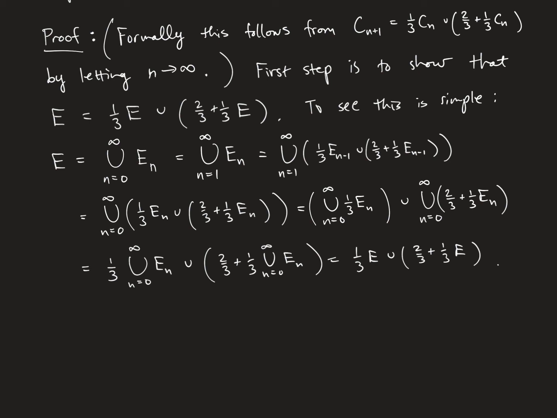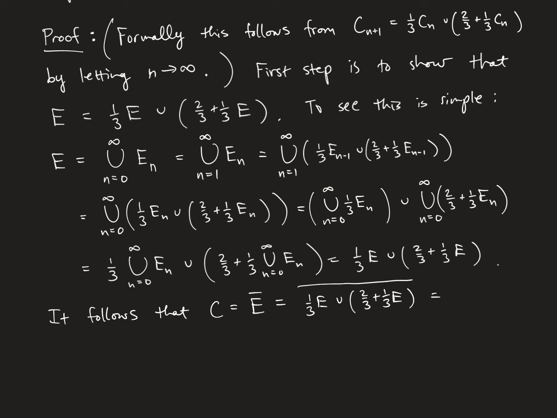And then it follows that, well, C being the closure of E, well, E I can write as 1/3 E union 2/3 plus 1/3 E, the closure of that union.